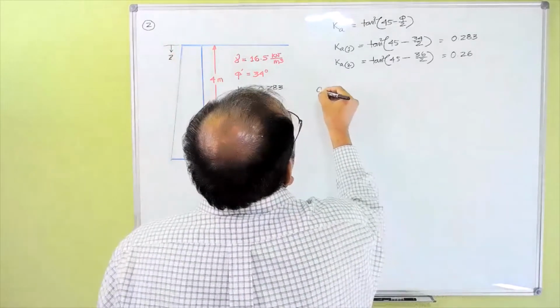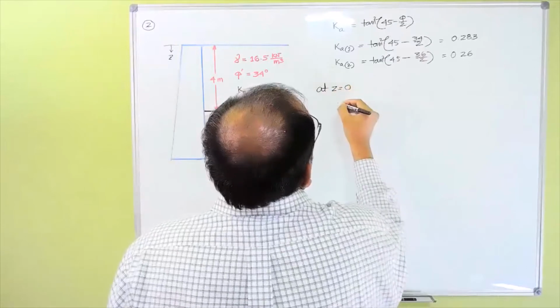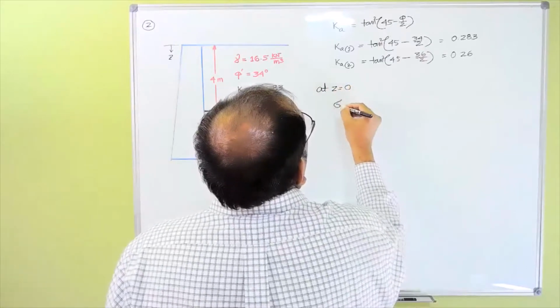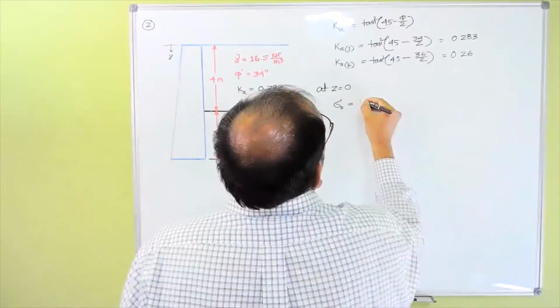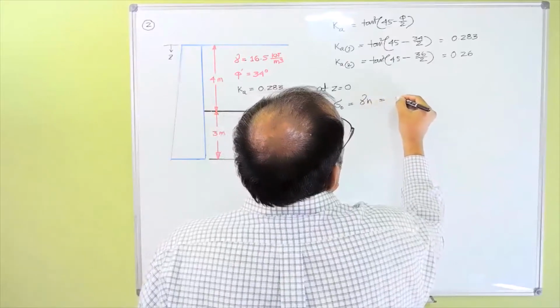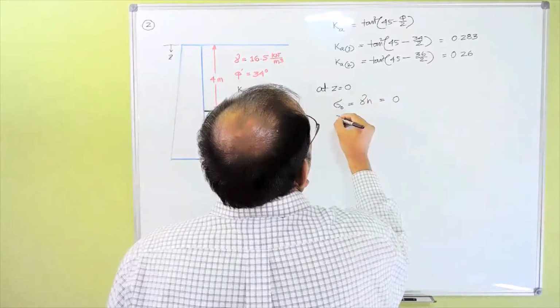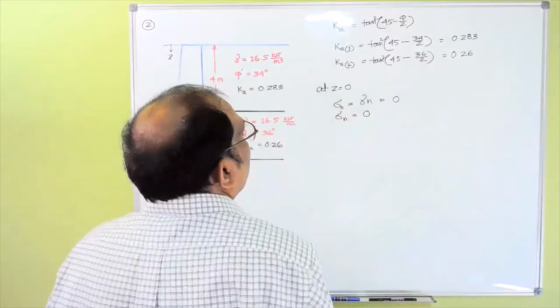At Z equal to 0, you can see your overburden pressure is basically gamma H. So H equal to 0, so this one is 0. Your sigma H is also 0.